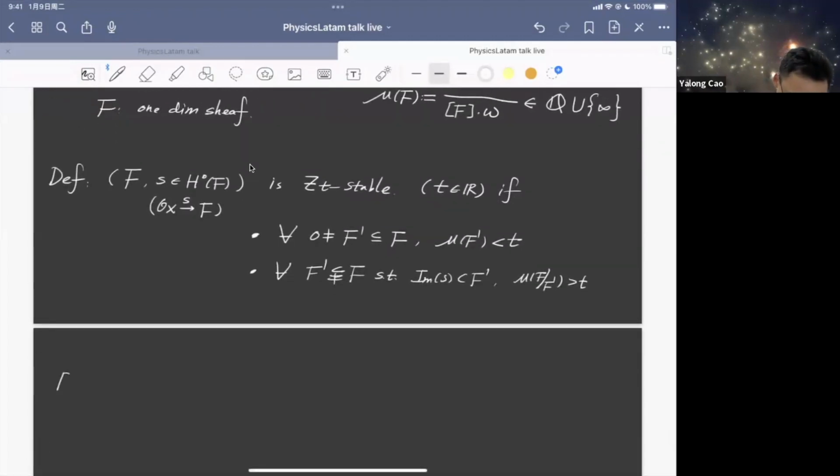One important thing is this remark: if you take t goes to infinity, you will see that Z_t stability is the same as the PT stability we mentioned before.